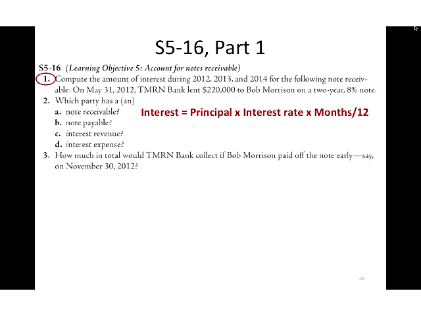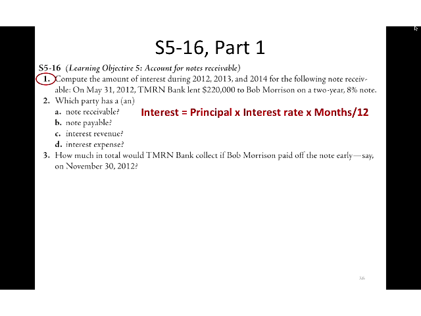Okay, next, another homework problem. We're going to do more on the interest now. This is a 3-part exercise. The first part says, compute the amount of interest during 2012, 2013, and 2014 for the following note receivable. So in this case, we have a note receivable that is for 2 years.